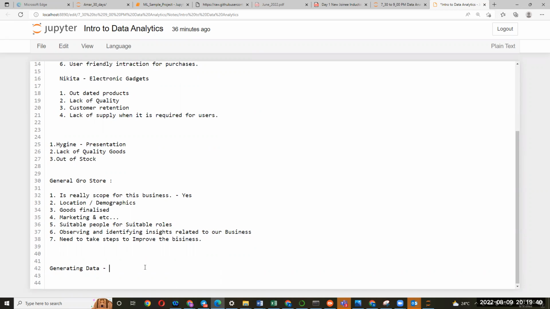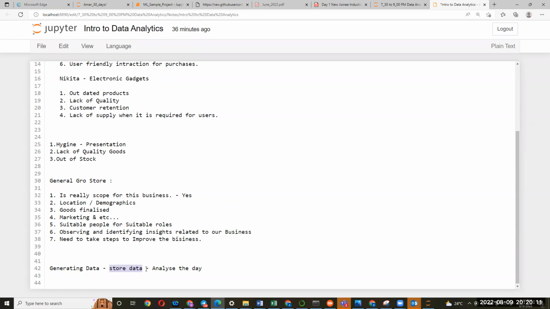Once data is generated, we need to store it, and after storing the data, we need to prepare and process it, and all these things come under ETL.